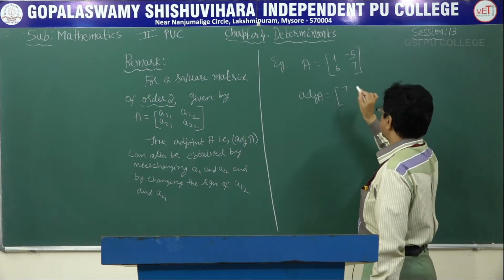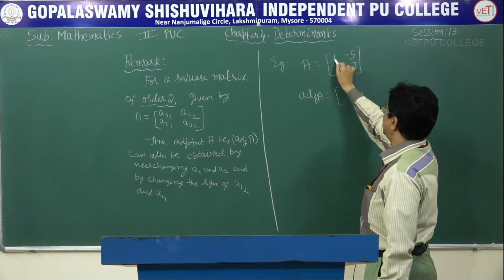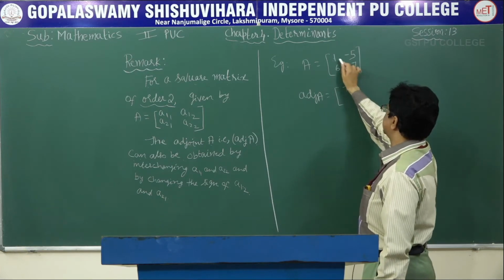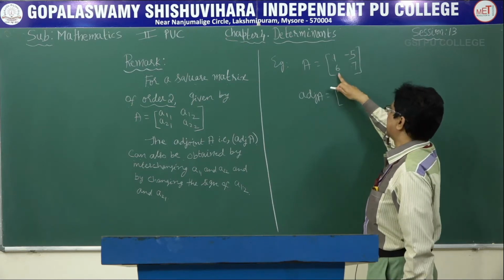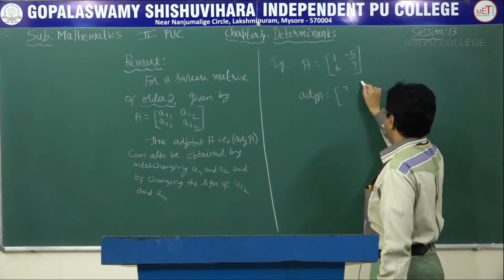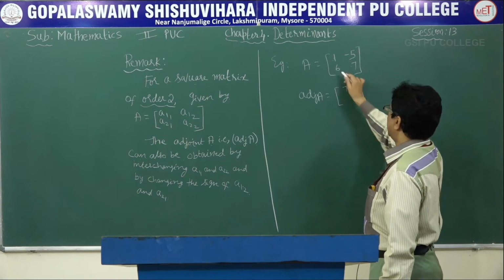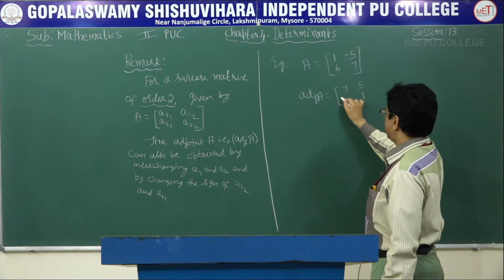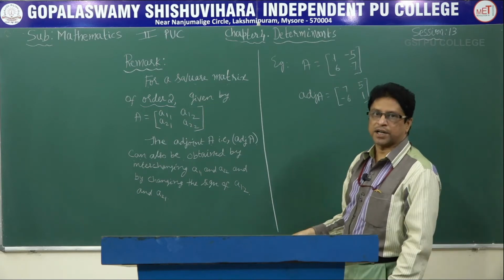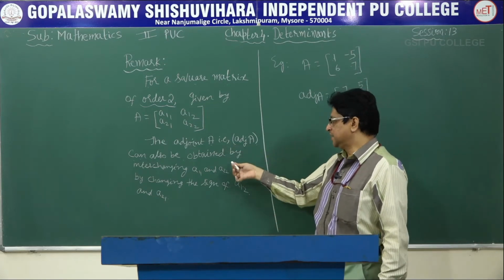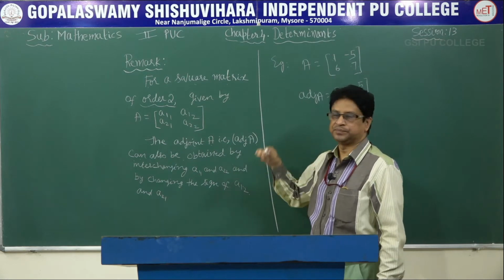That means 7, 1. So 1 is replaced by 7 and 7 is replaced by 1, and changing the sign of the other diagonal. Here minus 5 is there, we have to write plus 5, and 6 is here, we have to write minus 6. It is only for 2 cross 2 that we can adopt this rule.